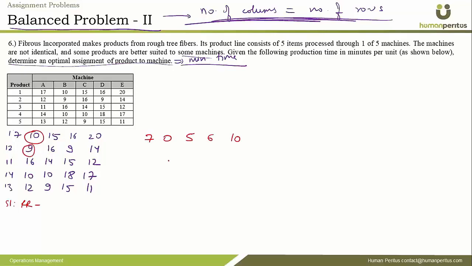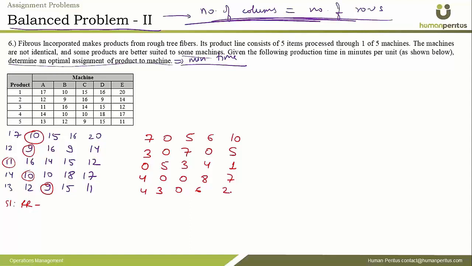Okay. Here the minimum value is 9: 3, 0, 7, 0, 5. Here the minimum value is 11, which is 0, 5, 3, 4, 1. Okay. Here the minimum value is 10, which is 4, 0, 0, 8, 7. Here the minimum value is 9, which is 4, 3, 0, 6, 2.